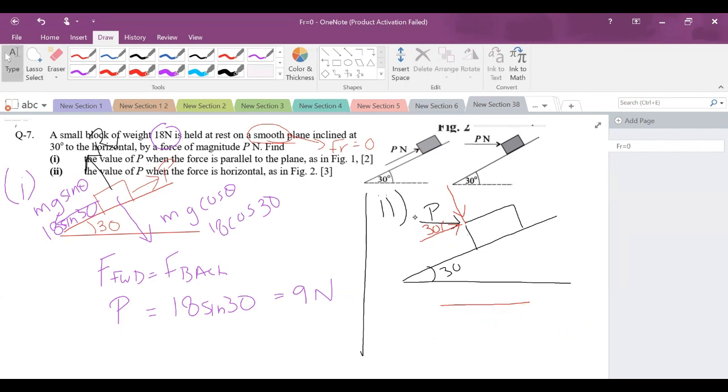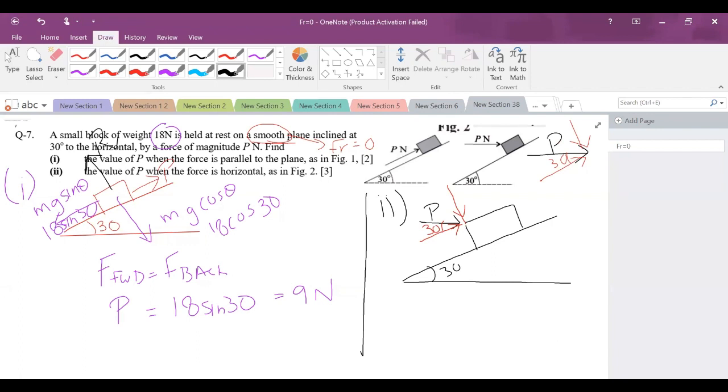Now let's break P Newtons into its components. That's P, and this is one component parallel to the slope, and this is the other component parallel to R. That's 30 degrees.